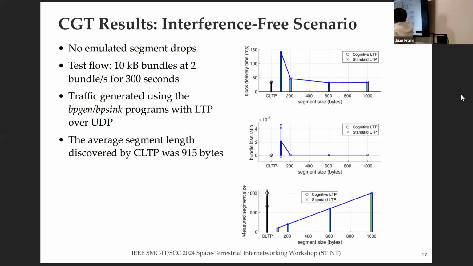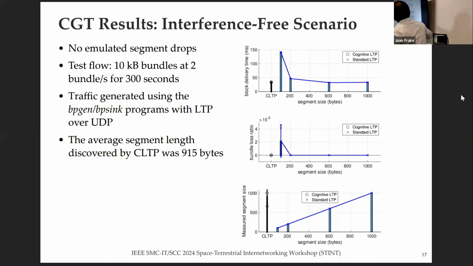In this case, of course, we didn't require to introduce any emulated segment drop. What happened here is that the packets will be dropped naturally because of errors in the channel, errors produced by the radio transmission in the channel.